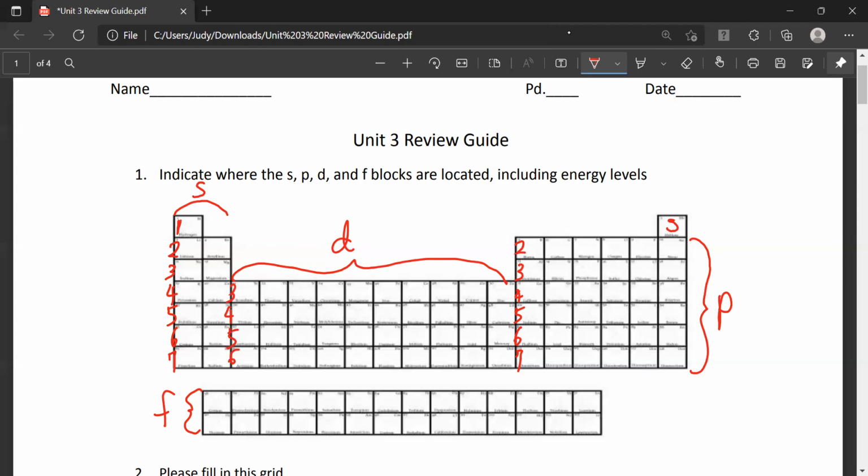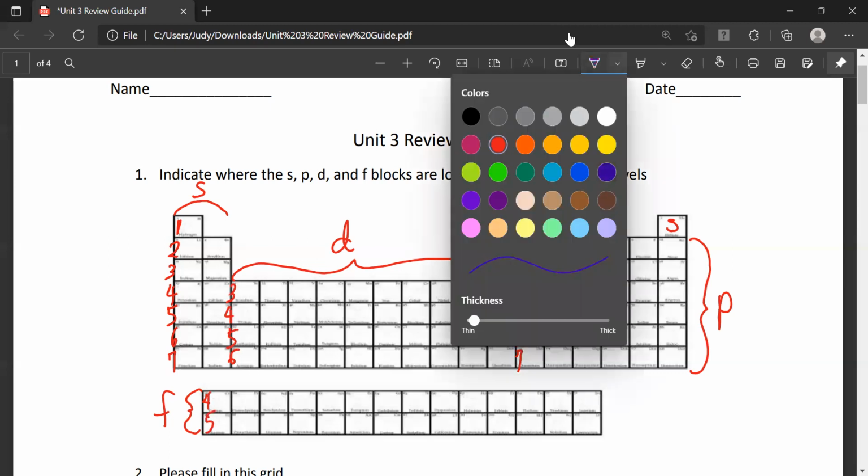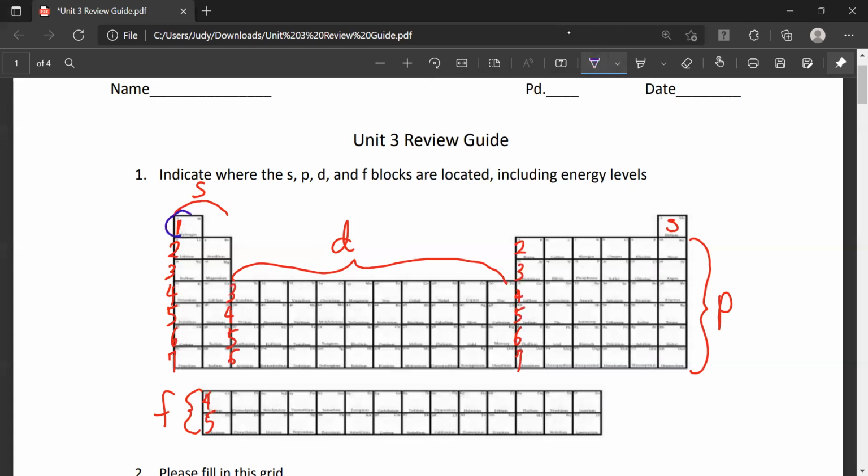Now, this might be TMI, but for the F sublevel it would be 4 and 5. The most important thing you need to focus on is that the S sublevel starts out with 1, the P sublevel starts out with 2, and D starts with 3. So always keep that in mind when you're dealing with the electron configuration.